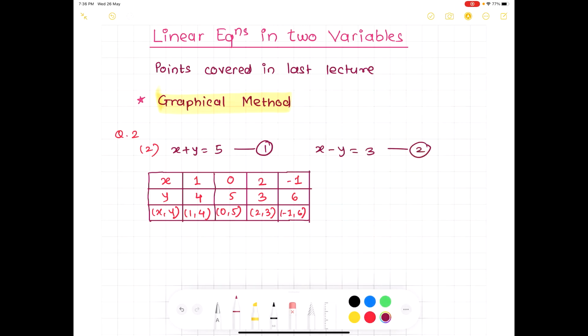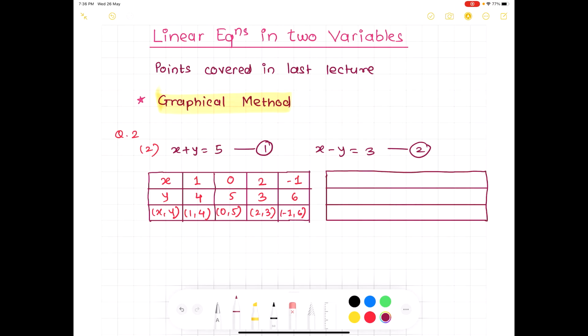Next, we have to draw the table for equation 2 also. Write down x, y and x, y. Again you can take any value. Here I am taking minus 1, minus 2, 0 and 1.